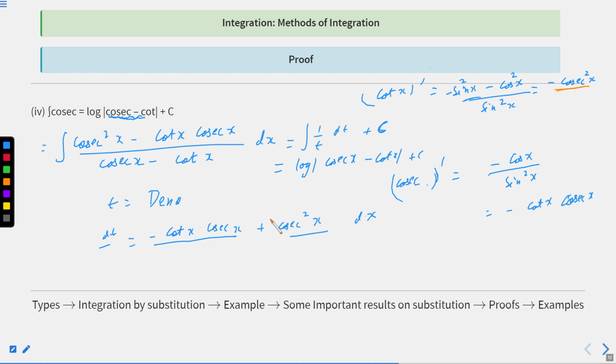Now minus of this, as you are already having a minus sign over here, becomes plus. Now this is your numerator, as you can see, so you can directly replace it by t. So 1 by t dt, you will have this as your answer. I hope it is clear to you now. Simple. Let us move next.